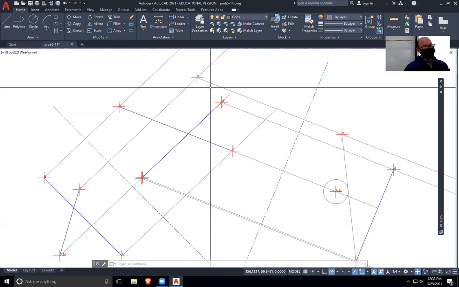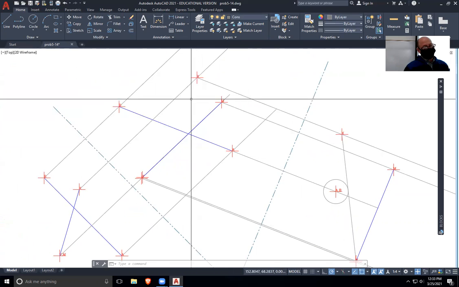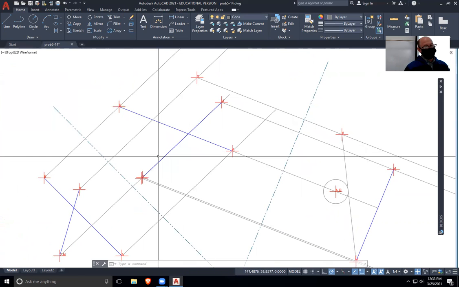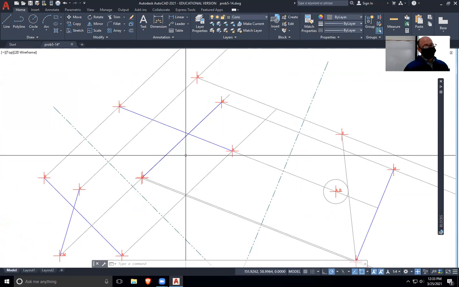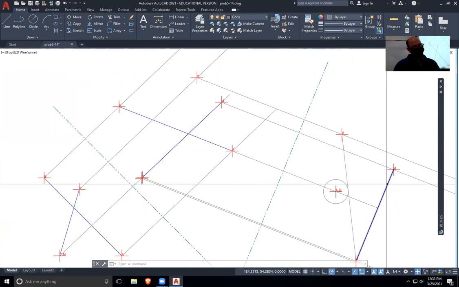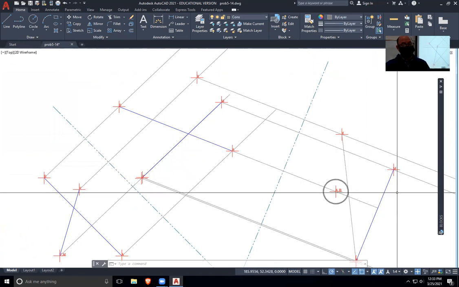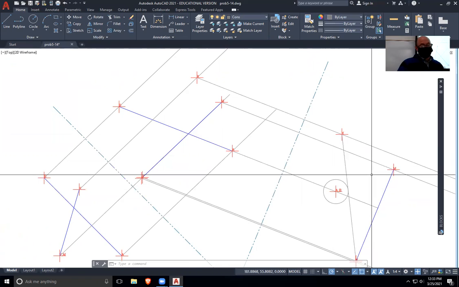See, X and M are parallel, because this is in true length, right? But if I take a different view of it, X will shift, right? So the ground, if I draw a line between X and M, that would be the ground, but I'm not looking at it straight. Anyway, none of these are in their true length.